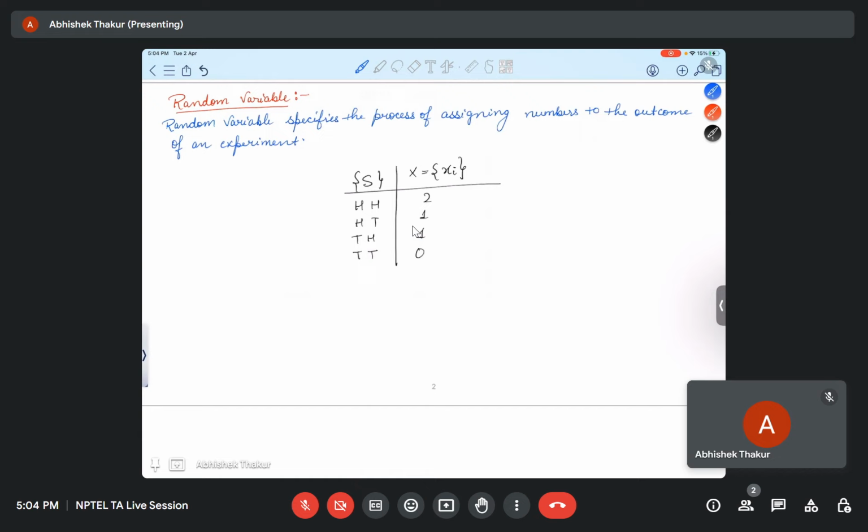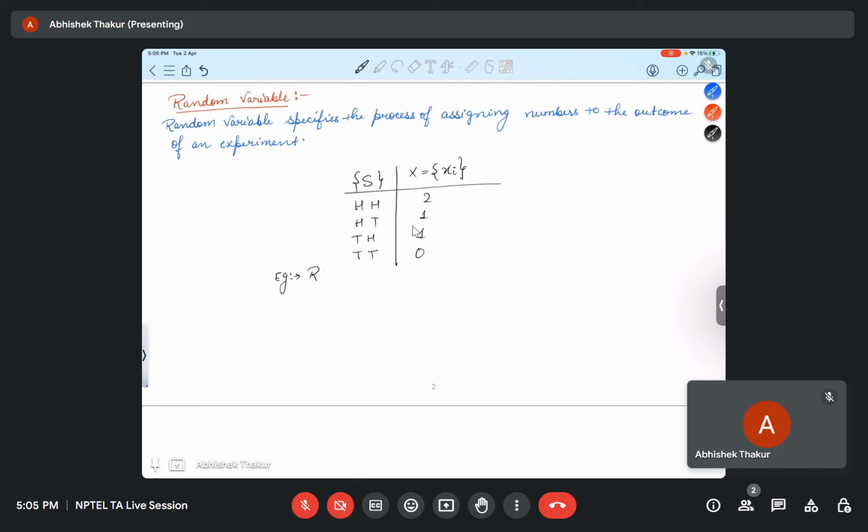So the example we have taken is basically the random variable X defining the number of possible heads in the experiment of tossing a coin twice.